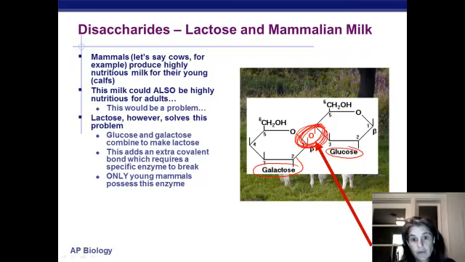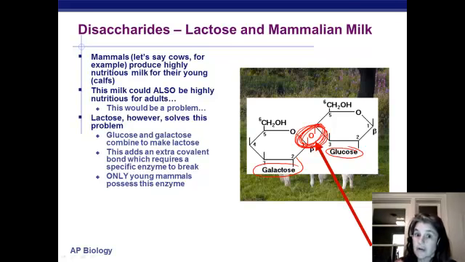As mammals get older, they don't have it anymore. In fact, if you know of someone who is lactose intolerant, it is because they lack the enzyme to digest lactose. And that was the normal state for mammals, including humans, except for in reasonably recent times.